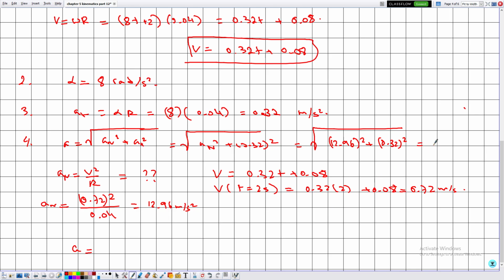So this is equal to 12.96 meters per second square. So the acceleration is given by 12.96 meters per second square, and as you can notice, the majority of the acceleration is not due to the change of the speed, because this is very small. However, it's due to the change in direction.